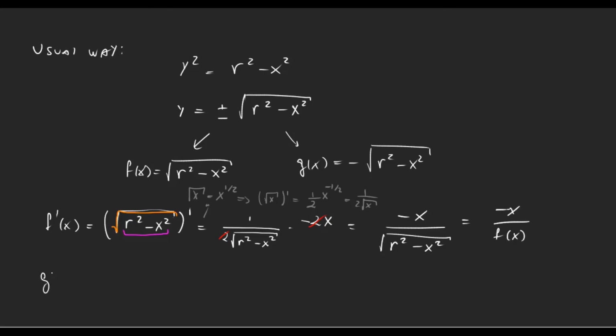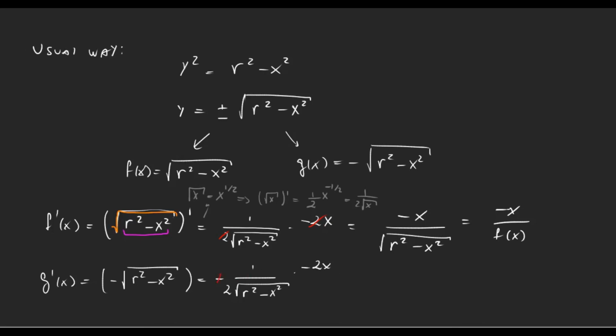And now let's do the same thing with g prime. Now a bit faster because we already know the very basic derivatives. This is going to be minus 1 over 2 times the square root of r squared minus x squared, multiplied by minus 2x.